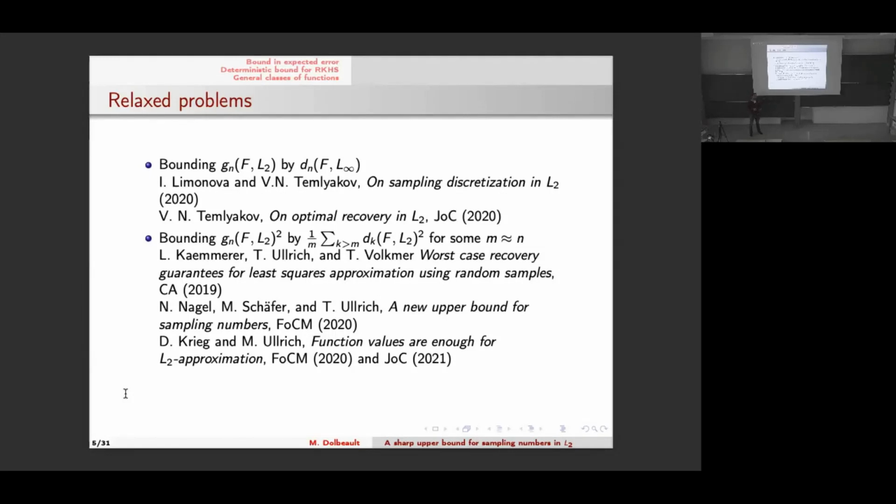In fact, my class f is small only in one direction if I bound just by Dn, but if I try to bound it by all the dk for k larger than n, or here for k larger than m with m close to n, then I will say that my class f is inside a box which is small in all directions. Okay, so this tells me that I cannot have some weird spikes as in the example before, and it will give me some information about sampling numbers.